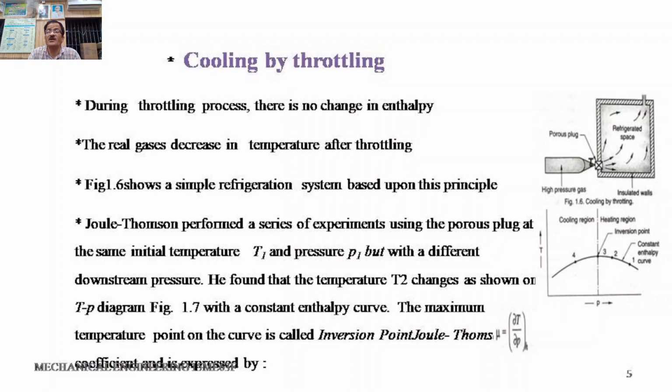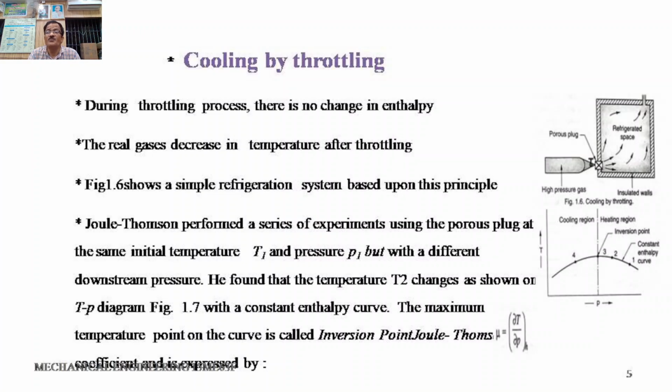Based on his experimental observation results, he has plotted a graph of temperature versus pressure. Then you can see points 1, 2, 3, 4. So there is a middle point or a topmost point with highest temperature. That is called an inversion point. And to the left, it is a heating and cooling region, and to the right, heating region.